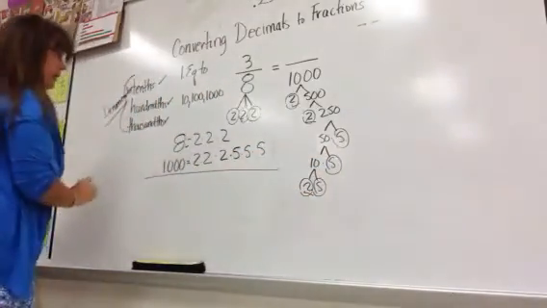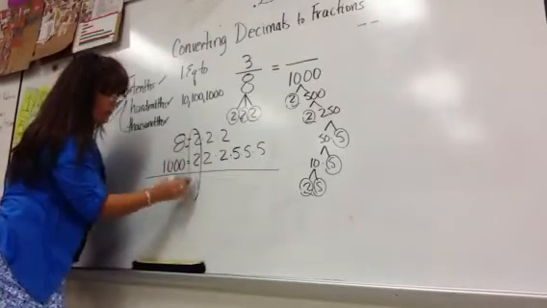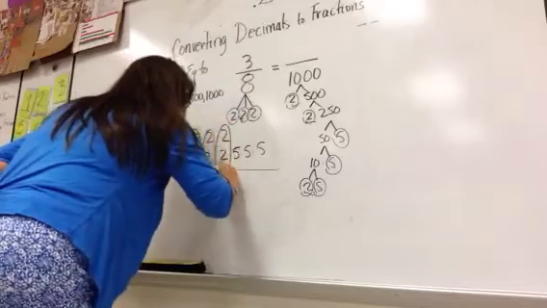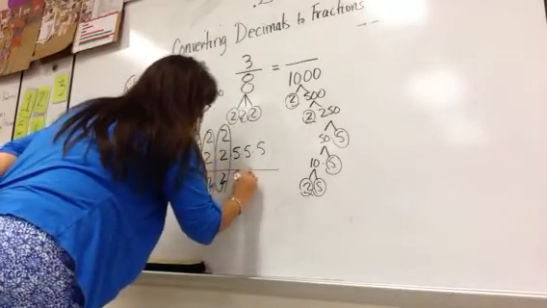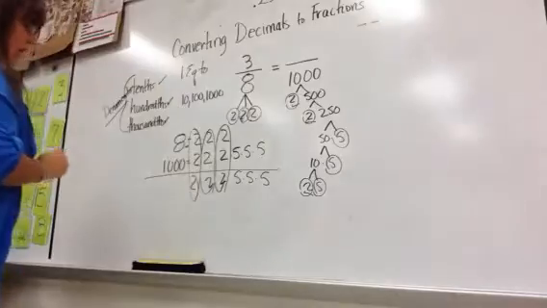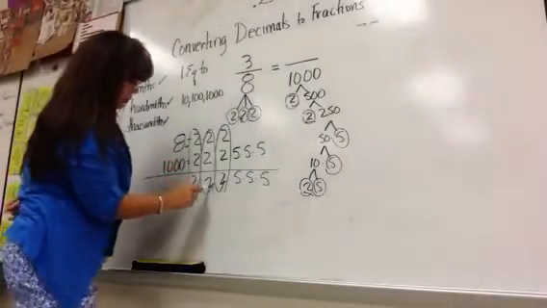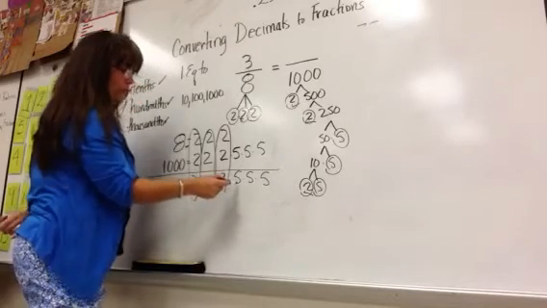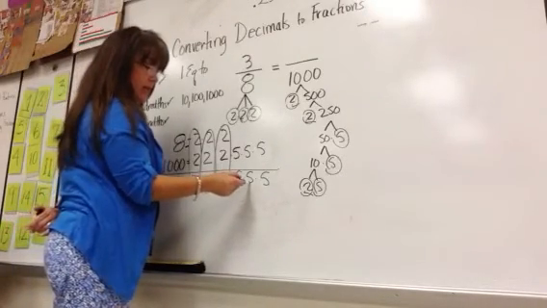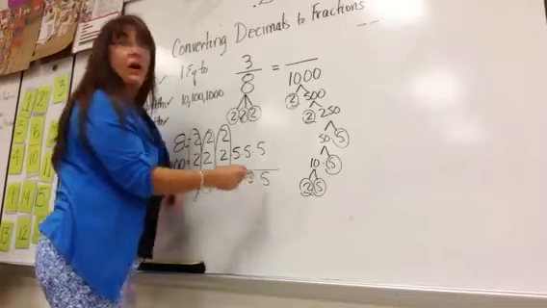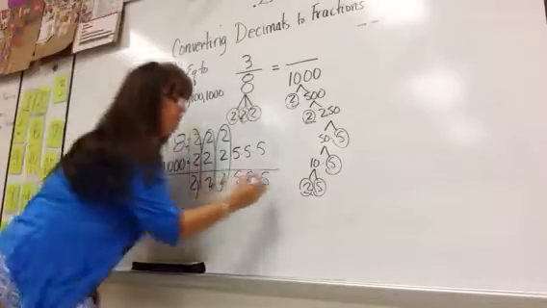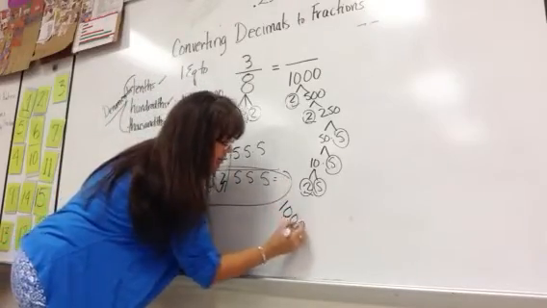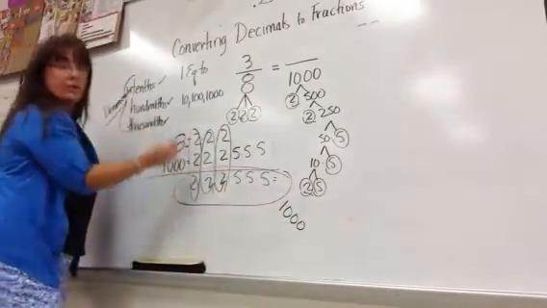Ooh, let's see what that is. 2, 2, 2, 5, 5, and 5. All right. 2 times 2 is 4, times 2 is 8, times 5 is 40. 40 times 5 is 200. 200 times 5 is 1,000. So our new LCD is 1,000. Yay, we got one that matches what we have to have in the denominator.